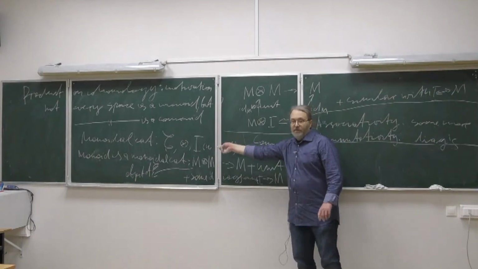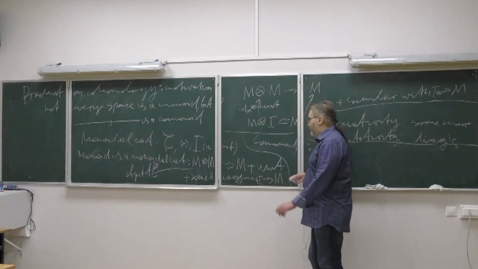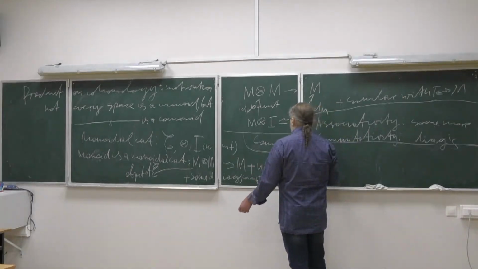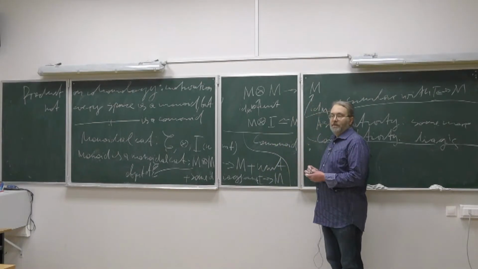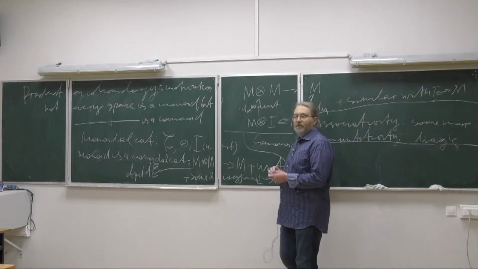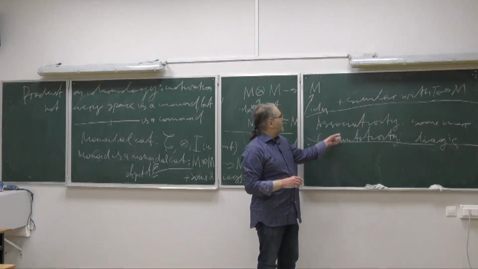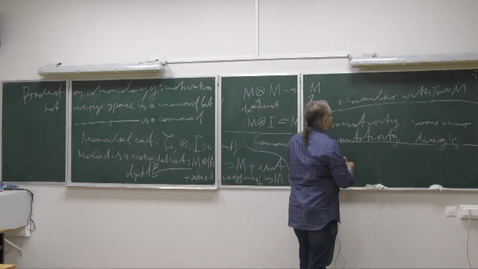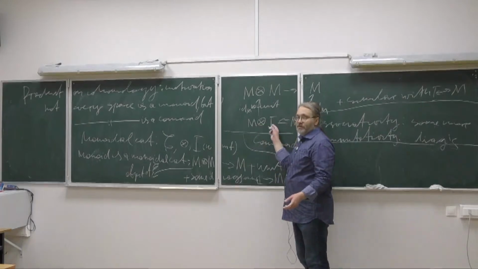We keep the monoidal category. So we have the tensor product and the unit. What's a co-monoid? There's a similar diagram to this one with M and I transposed.